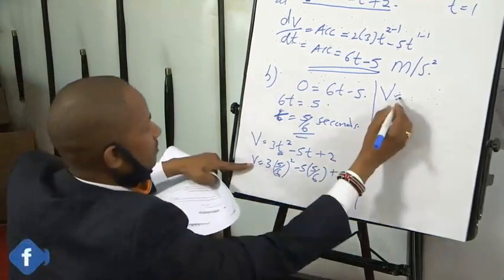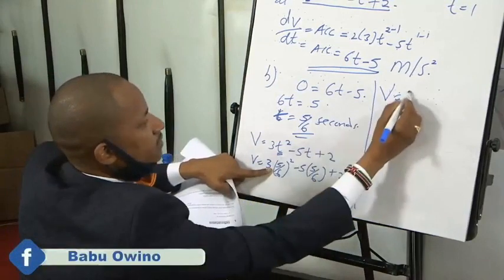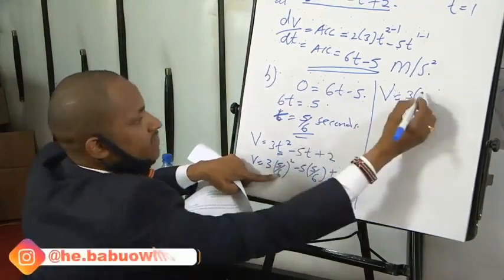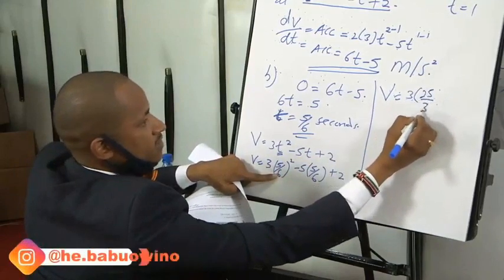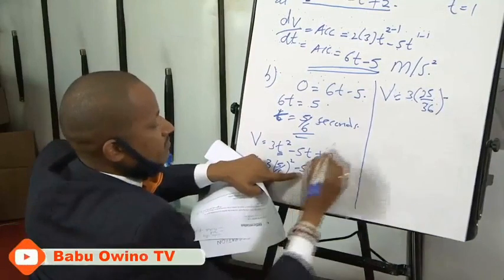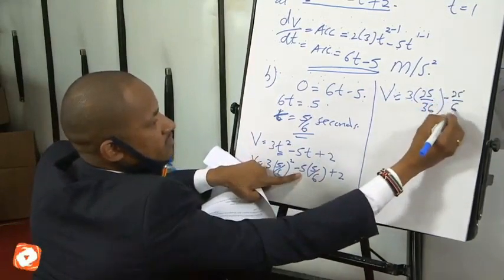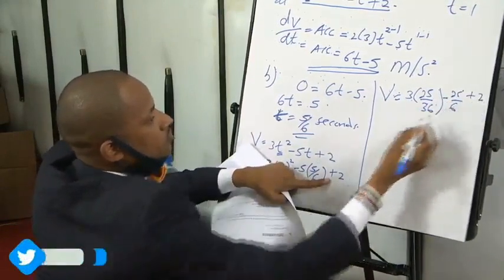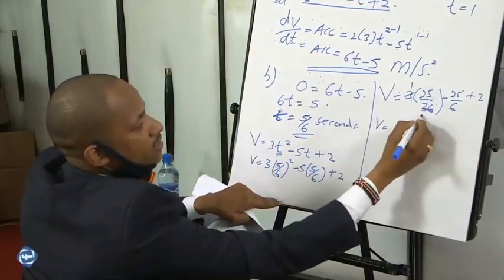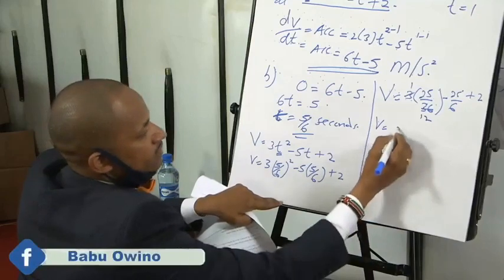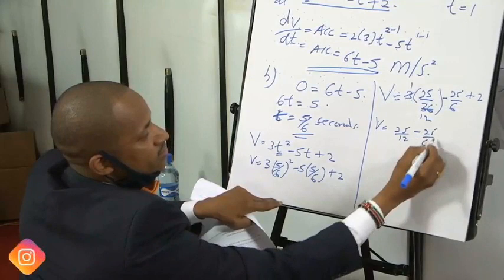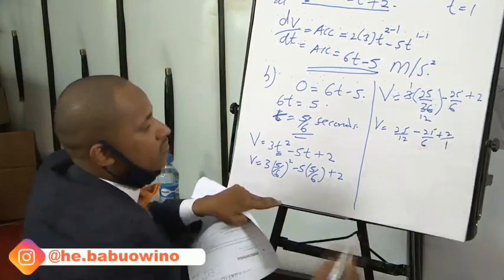So our velocity equals 3 times 5 squared is 25, 6 squared is 36, minus 5 times 5 is 25 over 6, plus 2. 3 goes into 3 once, 3 goes into 36 twelve times. So we have 25 over 12 minus 25 over 6 plus 2 over 1.